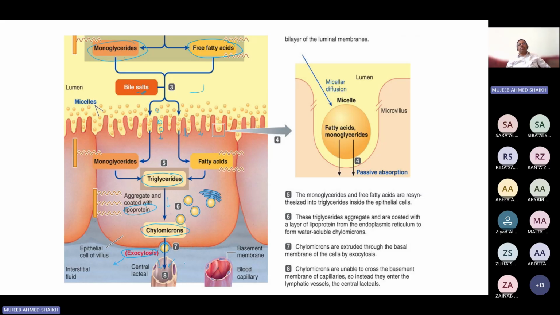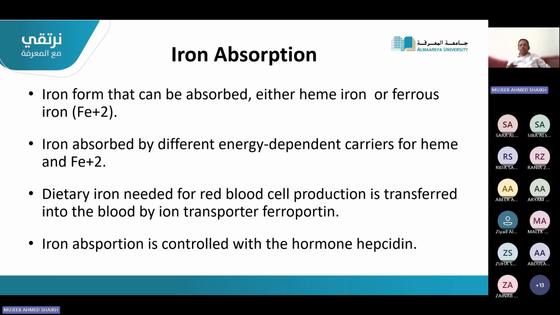So chylomicrons will be absorbed in the lymphatics, and these lymphatics will drain into where? All small lymphatics will come together to form a big lymphatic vessel, and then this will drain into what?